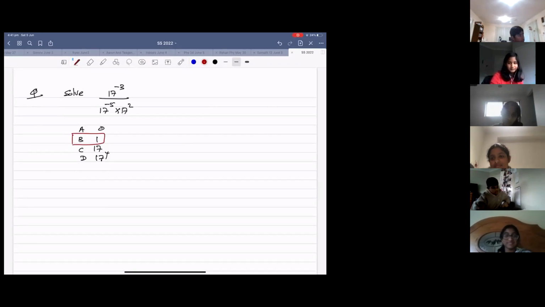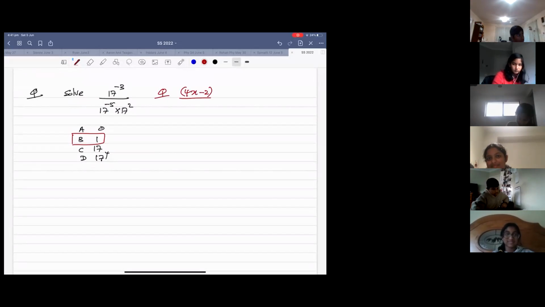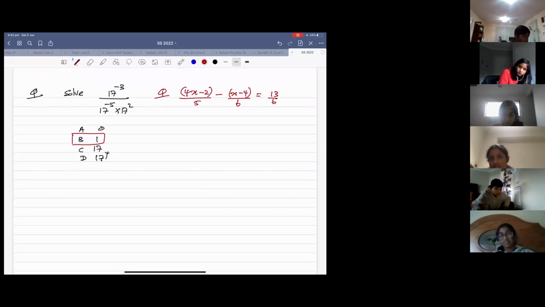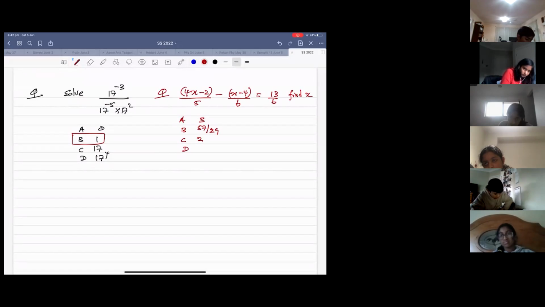This is another exam question. This is another exam question I'm giving you. 4x minus 2 divided by 6 minus x minus 4 divided by 5 is equal to 13 divided by 6. Find x. Do it quickly, everyone. Answer A, 3. Answer B, 57 divided by 29. Answer C, 2. Answer D, 97 divided by 19. Quick.